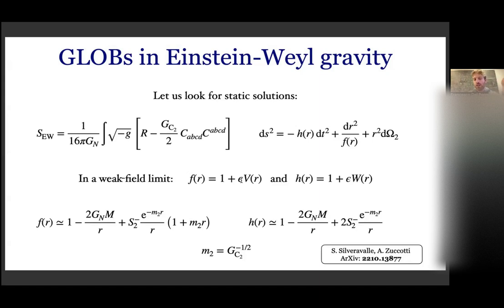If you do so, the field equations solve for f(r) and h(r) to have this shape here, where you can recognize the first two terms in both functions are the ones characterizing the Schwarzschild solution. But in addition to that, you have a Yukawa-like term, which is the exponential of minus m2 r, where m2 is exactly the mass scale introduced by the new coupling.